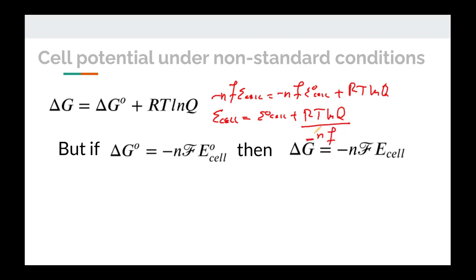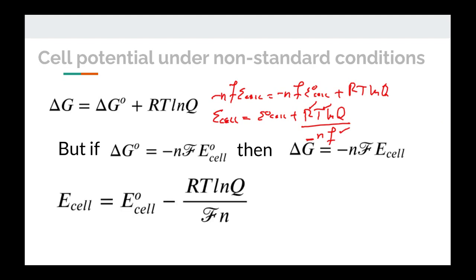But this was a negative number. Now, one thing that we can think about here is that R is a constant. Temperature is a constant, unless temperature changes. And Faraday's constant is also a constant. So we can separate all those constants out and evaluate them. So this is what we come up with. Remember, this is a negative sign because we divided by negative n times Faraday's constant.